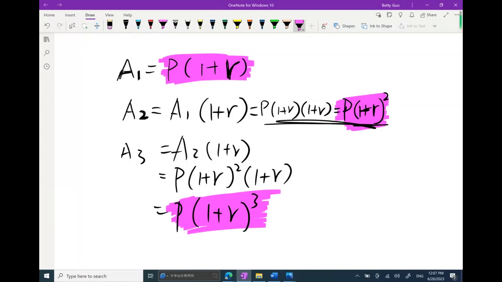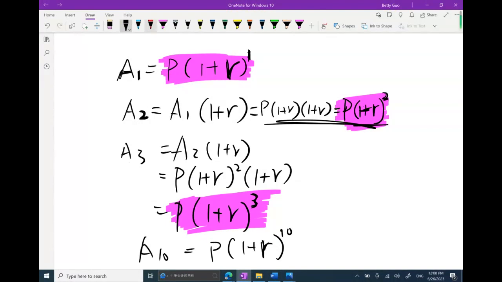What's the difference? We can see the exponent here is 1 by the end of year 1. By the end of year 2, the exponent is 2. By the end of year 3, the exponent is 3. You can keep going. By the end of year 10, your accumulated balance in the account that pays compound interest is going to be P times 1 plus R to the power of 10.